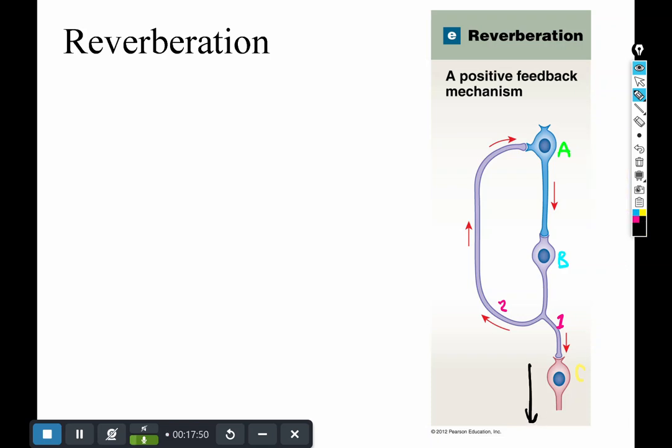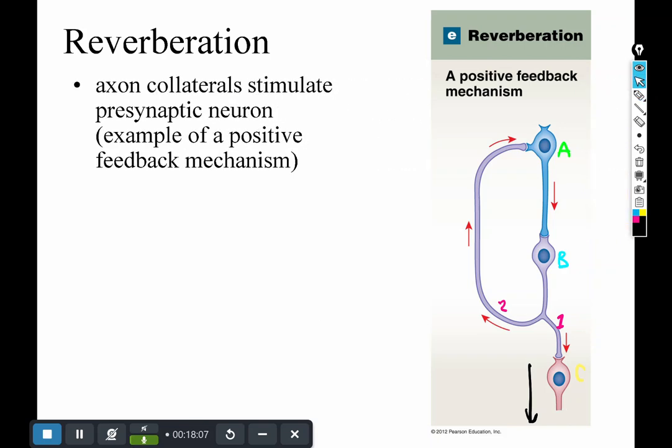But if we need to have this signal persist even after the stimulus has gone away, we can use this axon collateral to just re-excite neuron A, and the sequence happens over again. So this is a really handy thing. It's also an example of a positive feedback loop, so a self-perpetuating signal.